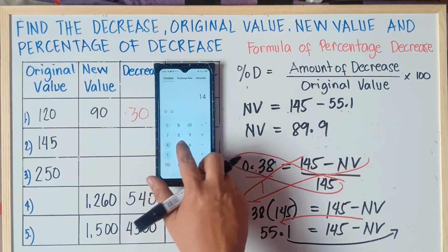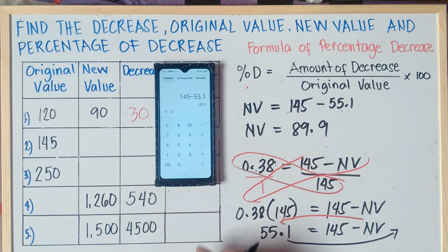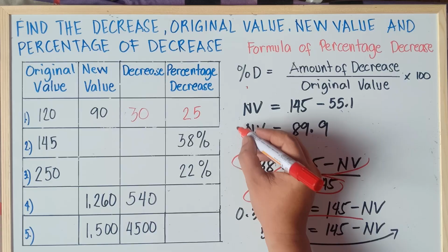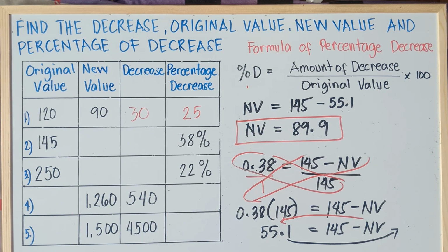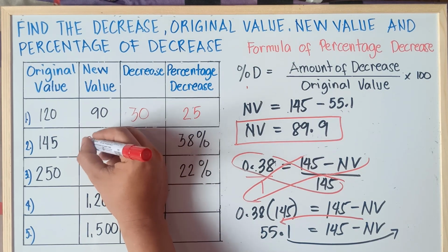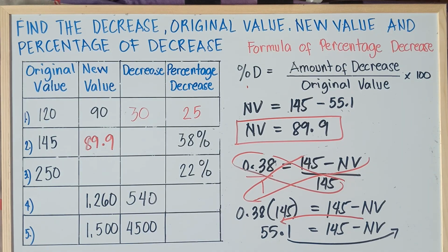Once again, 145 minus 55.1, the answer is 89.9. The new value is 89.9, class. That's it, all set.